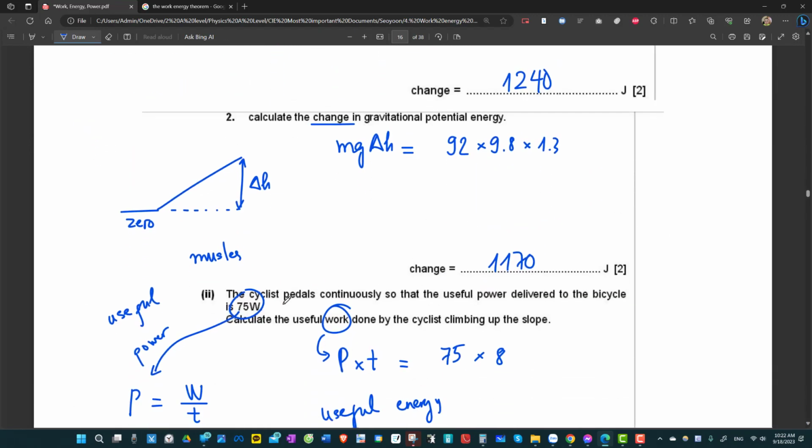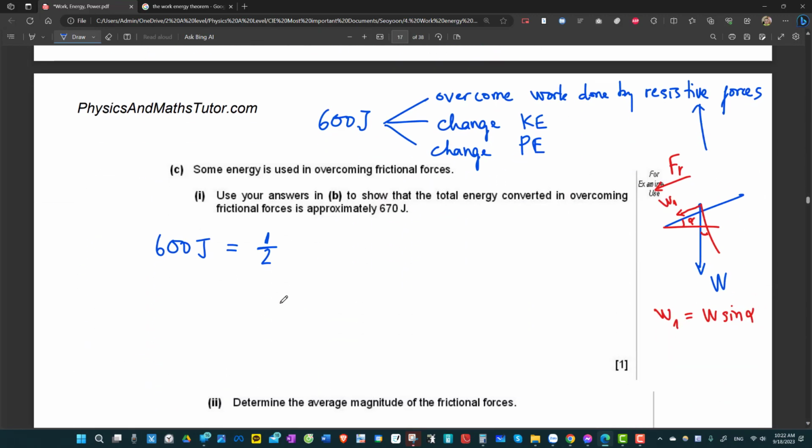So we can calculate the change in kinetic energy: 1/2 times 92 kilograms times the square of the final velocity, 3 squared, minus the initial kinetic energy, half of 92 kilograms times the square of the initial velocity, 6 meters per second. This is the change in kinetic energy.